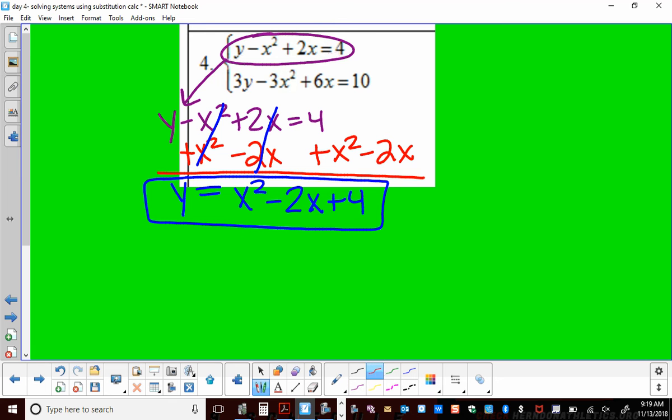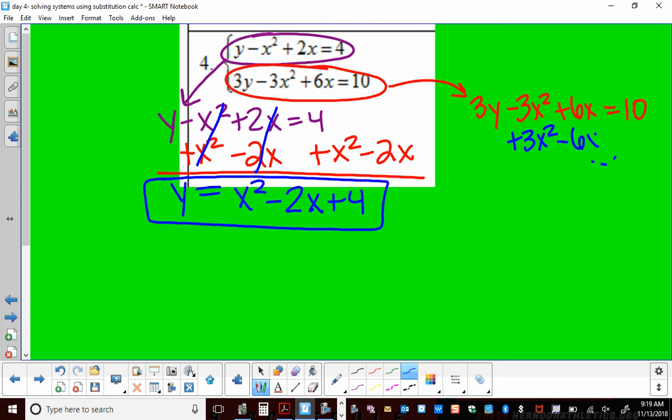Alright, my second equation, a little longer. I have 3y minus 3x squared plus 6x equals 10. We're going to move everything away from my y, so that means I'm going to add 3x squared and subtract 6x from both sides.